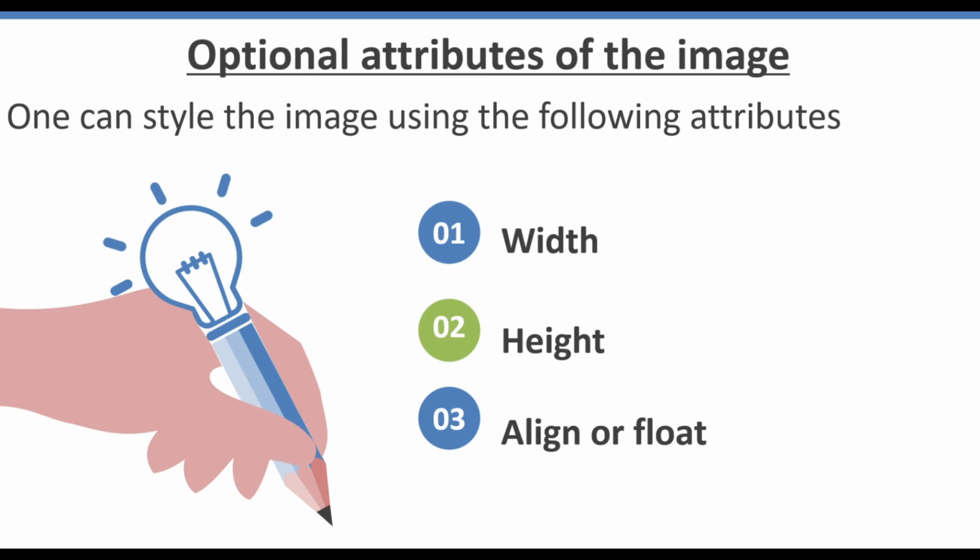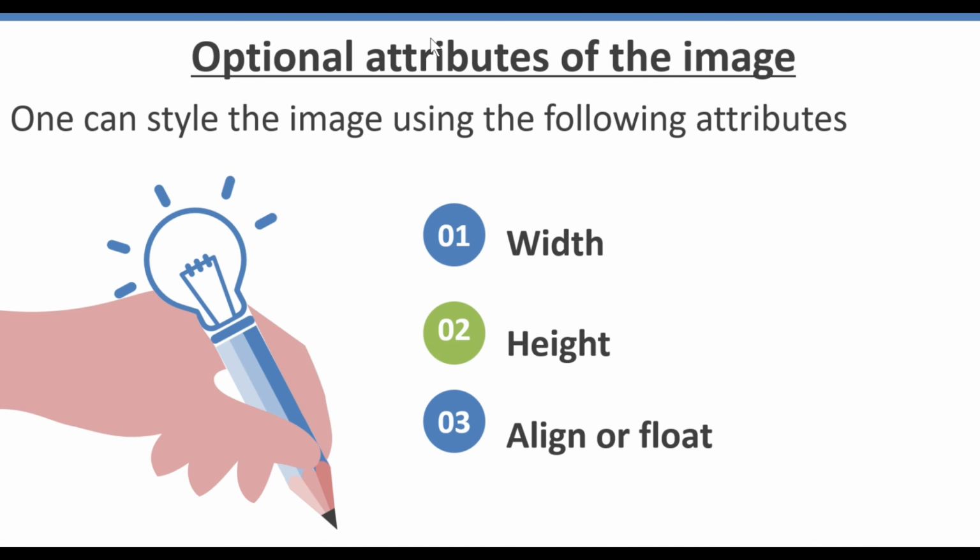So let's go to the optional attributes of the image. There are attributes that we can insert in the image tag, as you have seen. One can style the image using the following attributes.